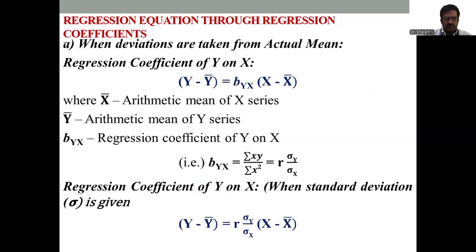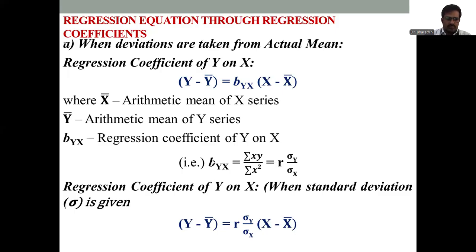Then regression equation through coefficients. Here there are two methods: actual mean and assumed mean. When deviations are taken from the actual mean for calculating the regression equation, the regression equation of y on x is y minus y bar equals b yx multiplied by x minus x bar.